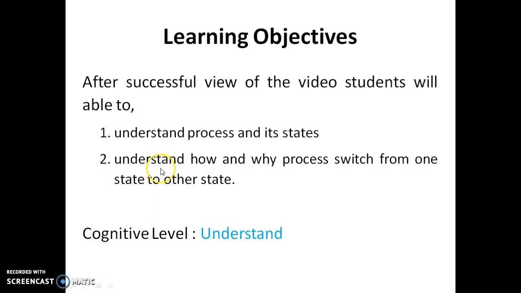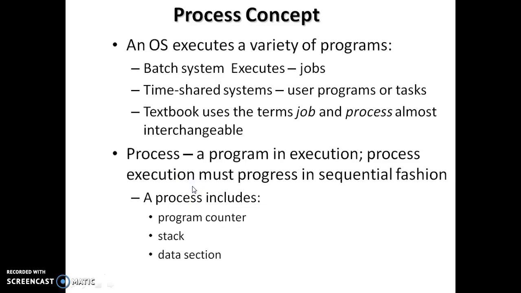Secondly, you will understand how and why processes need to be switched from one state to another state. As far as the cognitive level of this video, the video is made to consider an understanding level of the viewers. So let's start with the process.